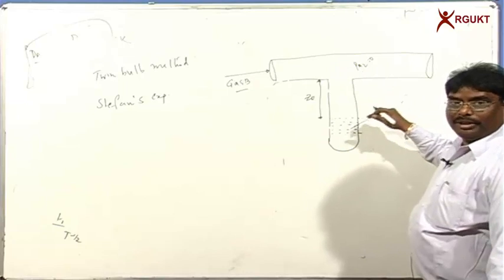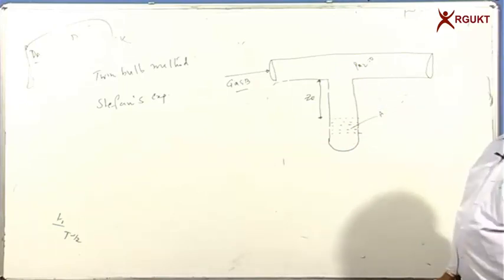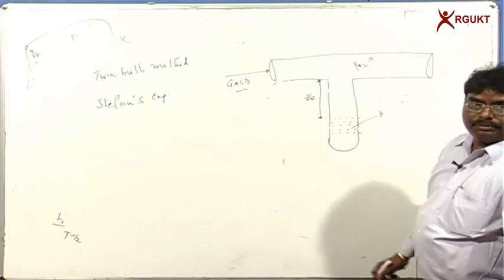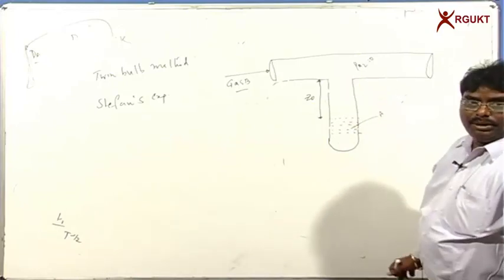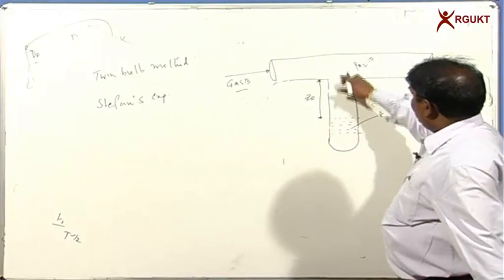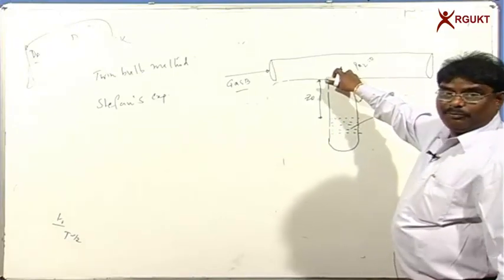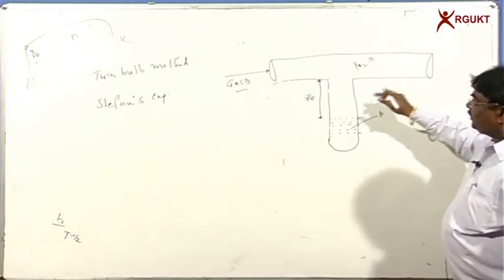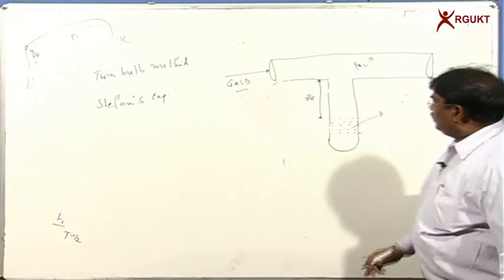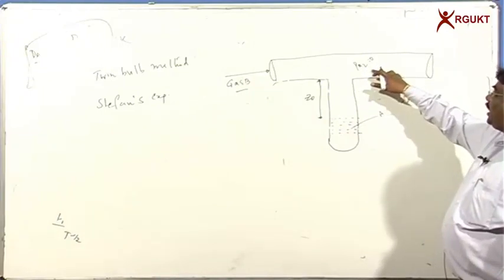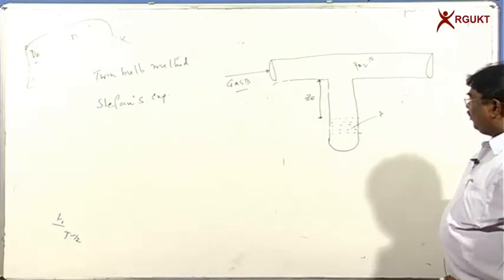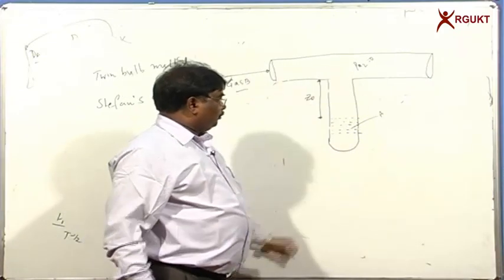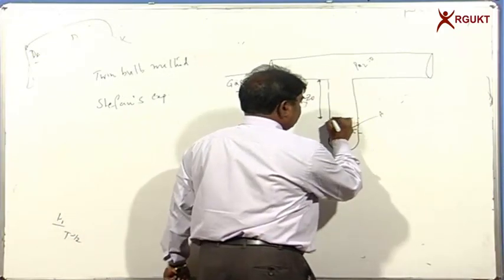When we contact the volatile liquid with the gas, what happens? Because the volatile liquid has some vapor pressure, it vaporizes, joins the gas which is flowing here, and the gas carries it away. We adjust the flow rate of the gas so that we always maintain the partial pressure of the volatile liquid in the bulk of the gas equal to 0, that is PA2.